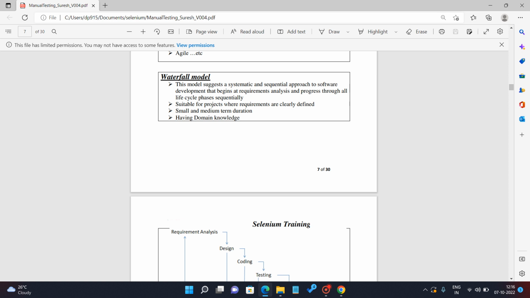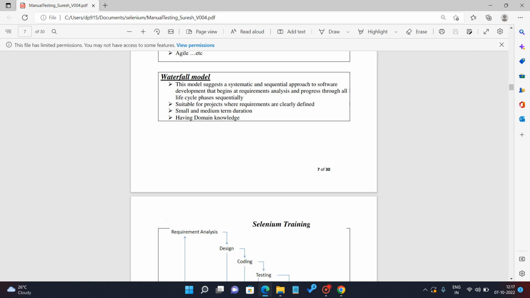It is the first software development model, and the whole process of software development is divided into various phases.